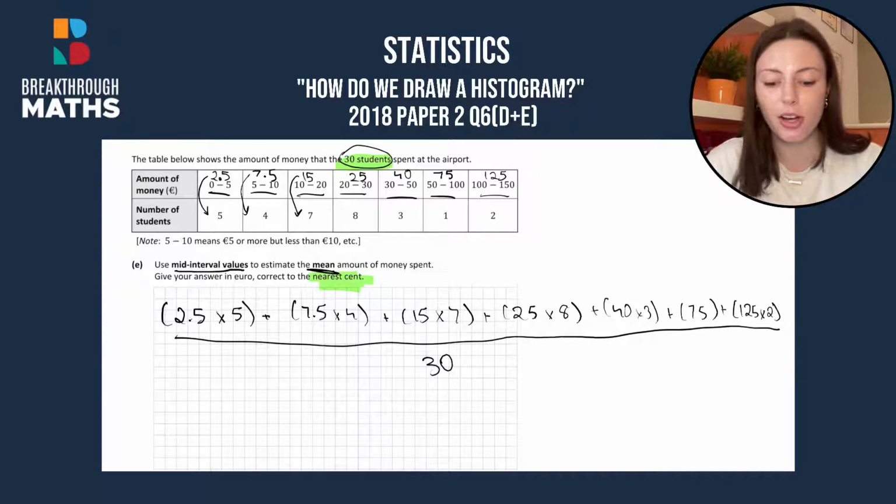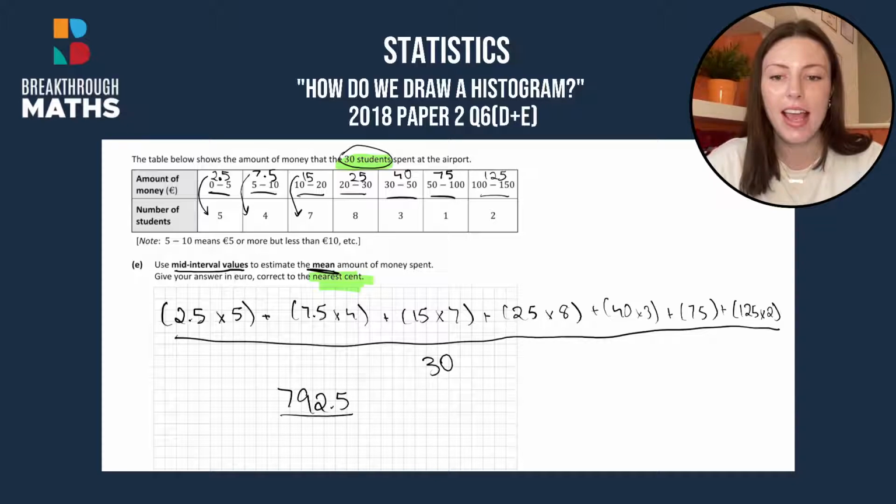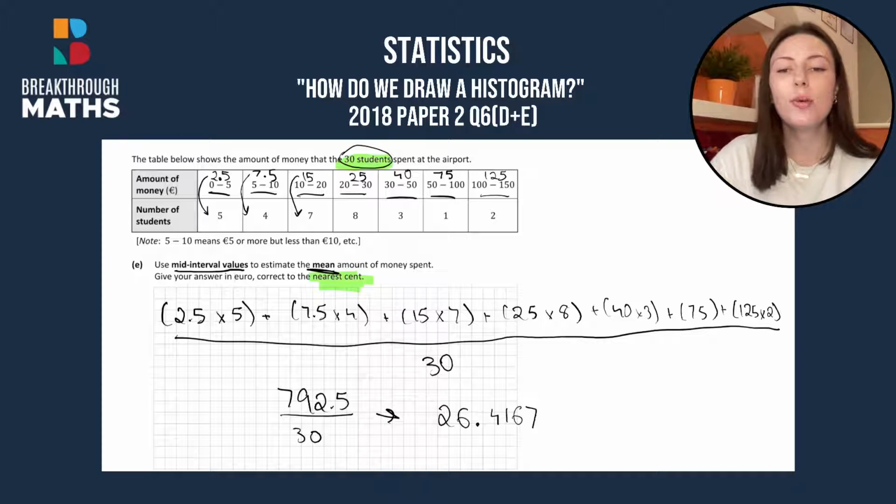When we total that up, we will get 792.5, and that's going to be divided by 30. So if we divide 792.5 by 30, we get 26.4167.